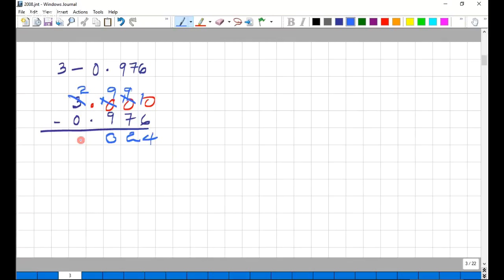Decimal point under, and we bring down the 2, because if I have 2 dumplings and I don't eat any of them, then I will have my dumplings the same way. Right? So the answer is 2.024. All right, excellent.